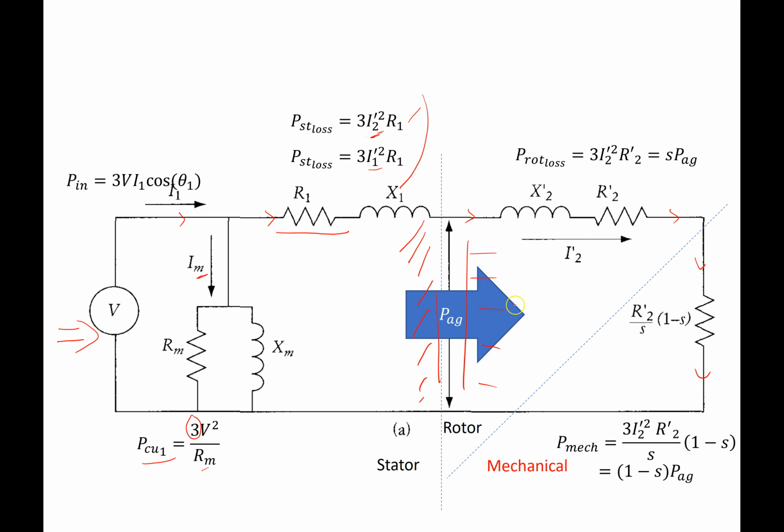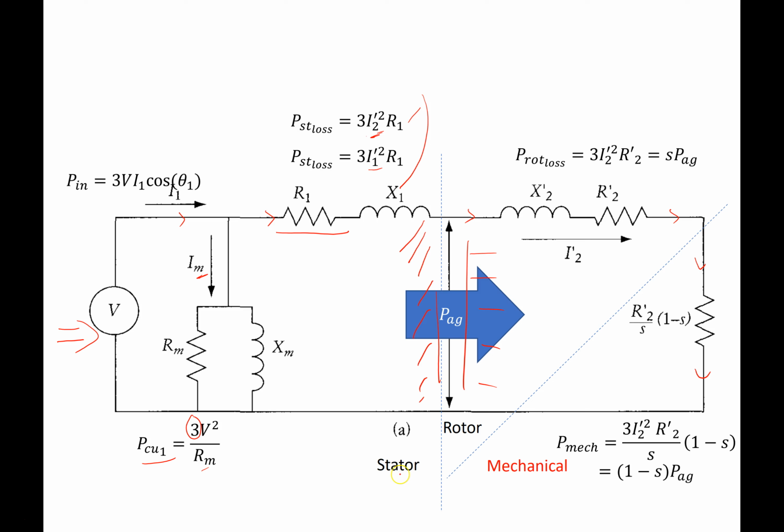And then when we get into the rotor, we have some losses in the rotor, again some copper losses, which is I squared R multiplied by 3 for 3 phases again. And this is also equal to S times the power coming through the air gap. The remainder of the power goes into the mechanical system, and you'll see here I separated stator, rotor, and mechanical system.